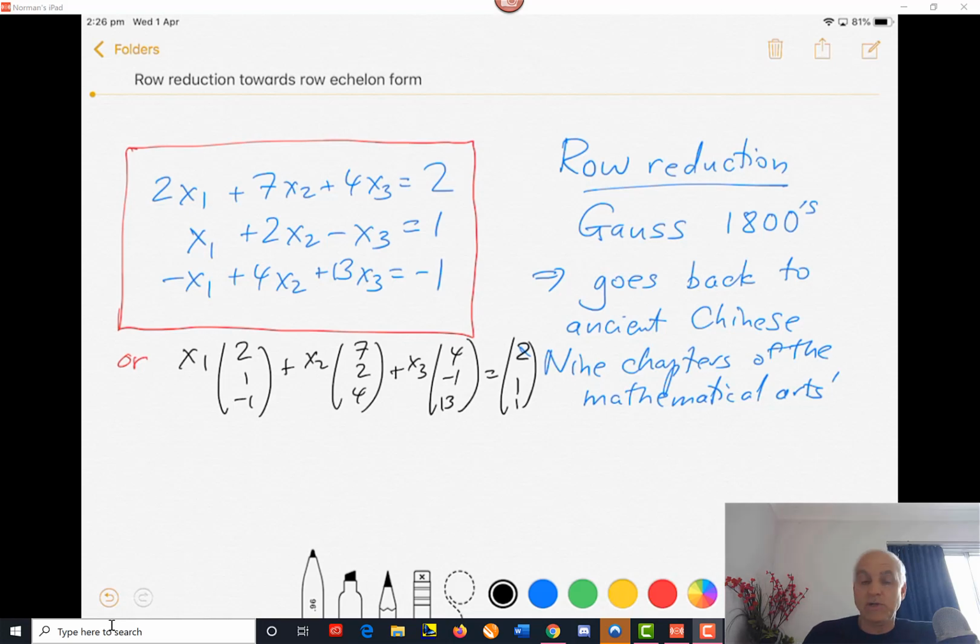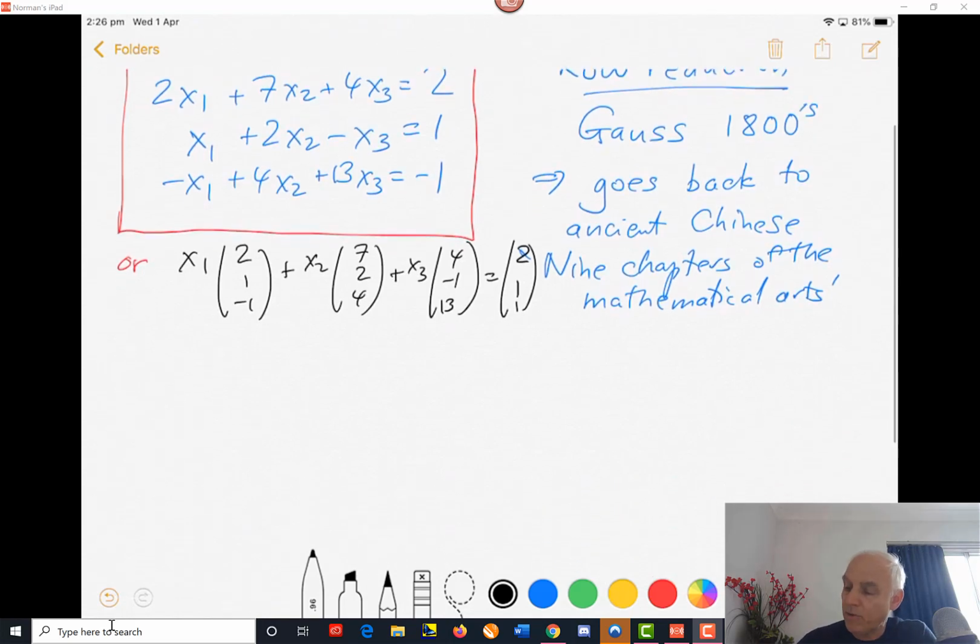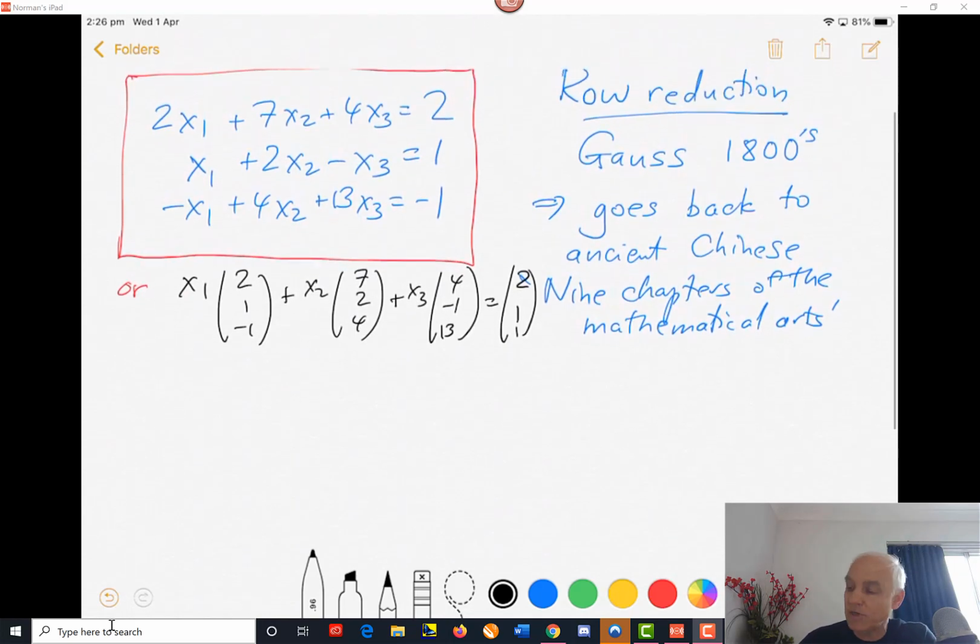Okay, now what we're going to do is work uniformly with a matrix approach. With a matrix approach, we're interested in the matrix of coefficients and an augmented matrix. So I'm going to write down the matrix equation first.